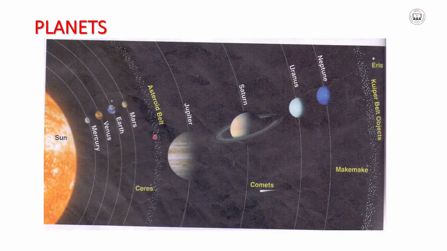You can see how inclined they are. You have Mercury with its orbit, Venus, Earth, Mars, then the asteroid belt, Ceres, and then Jupiter, Saturn, Uranus, Neptune, as well as Eris, Makemake, a comet, and a Kuiper belt object.